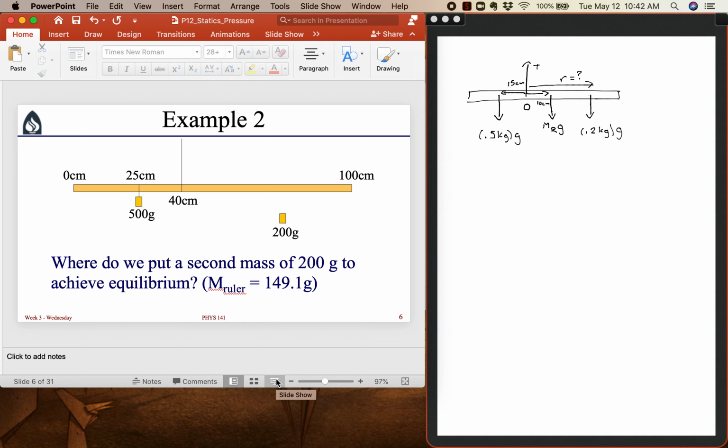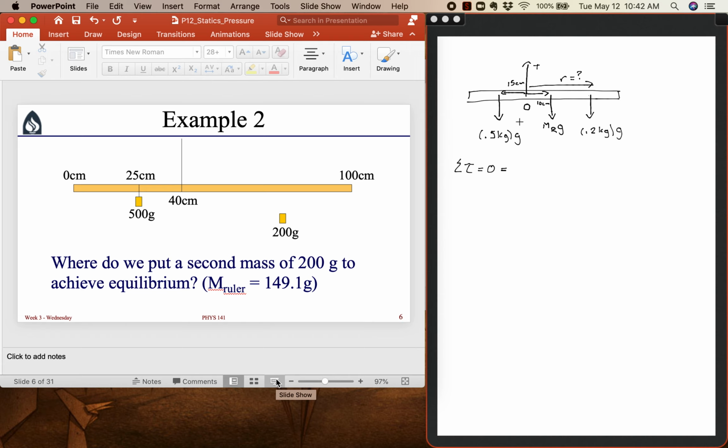All right, so now I have enough information to write down the sum of the torques that are acting on this ruler. And I know the sum of the torques is going to be 0 because I want the ruler to be balanced and I want it to not be rotating, not accelerating. So if the sum of the torques is equal to 0, I need to figure out what are the torques from all of these different forces that are acting on the ruler.